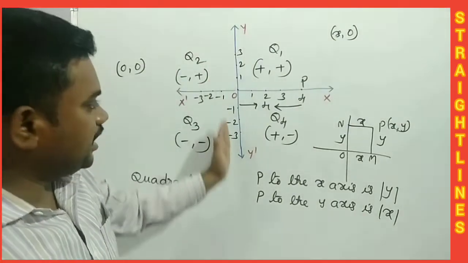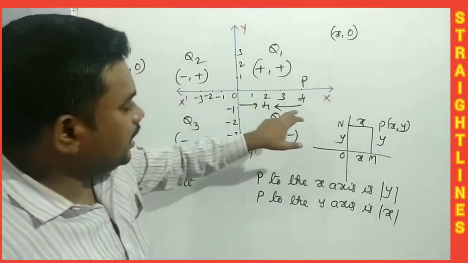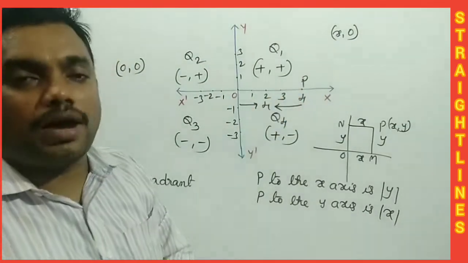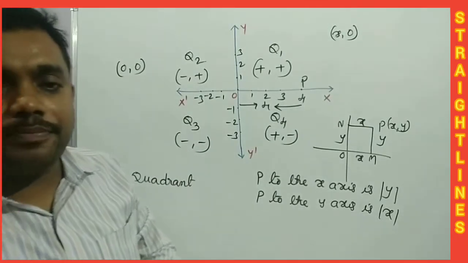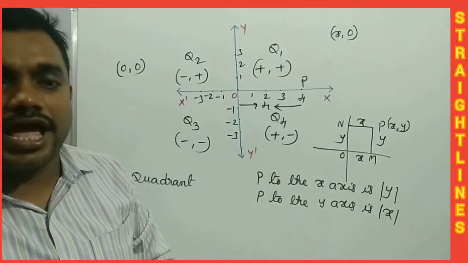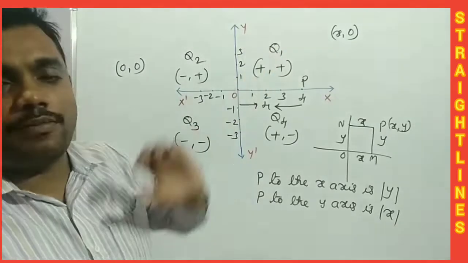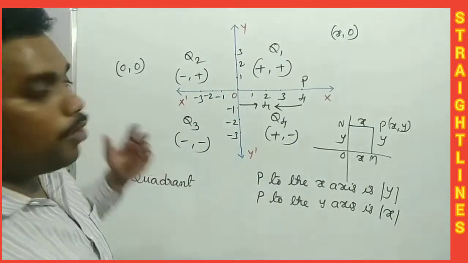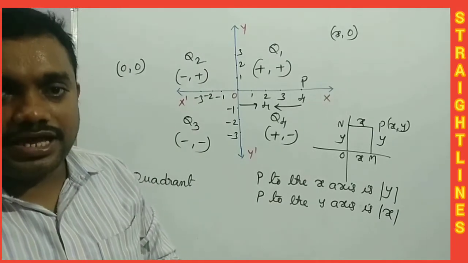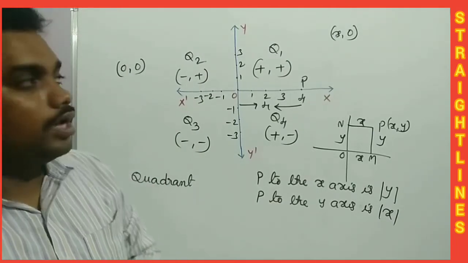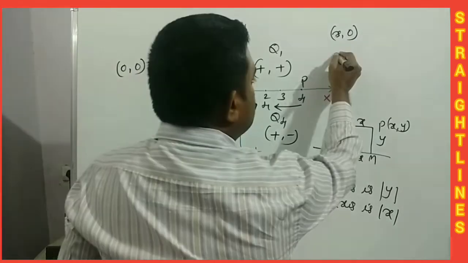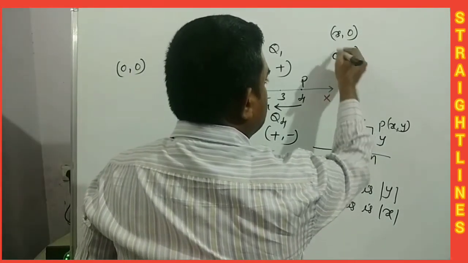P to the y-axis is 4 units. Then the coordinates of P are (4, 0). That means any point on the x-axis has y-coordinate 0, so its coordinates are in the form (x, 0). Similarly, any point on the y-axis has x-coordinate 0, so the points are in the form (0, y).